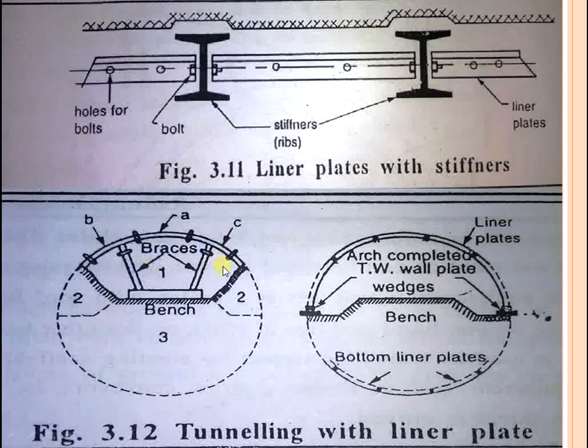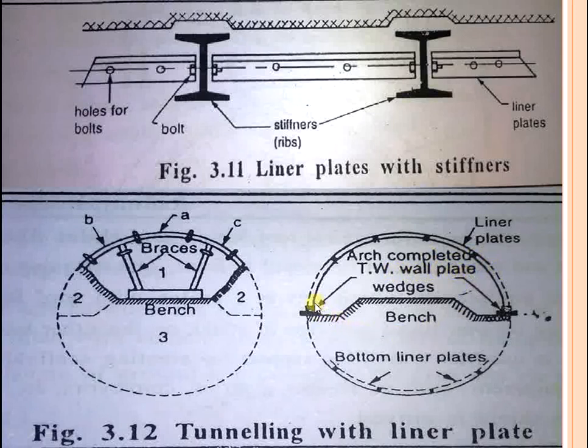Then we do this in three layers: first layer, second layer, and third layer. This is where the liner plate method is supported with the help of the bench. And in another picture we see a plain plate. The arch completed the tunnel with the wall plate.